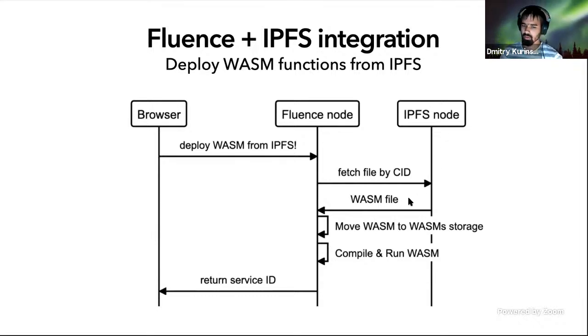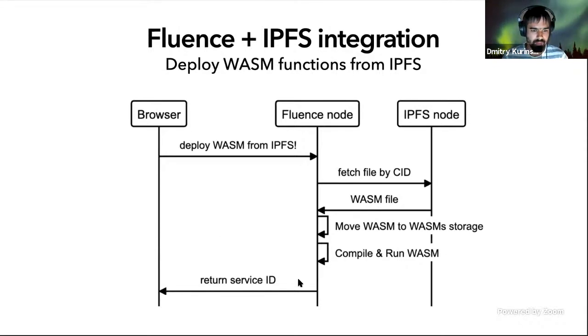The IPFS node will download it and provide it to the file system. Then the node will take this WebAssembly and move it to WebAssembly storage, and then it will compile it and run, and it will return the ID, which is callable, which you can just use for function calls. The service ID is different from this CID currently because it shows that this code is already deployed and it's ready to be called.